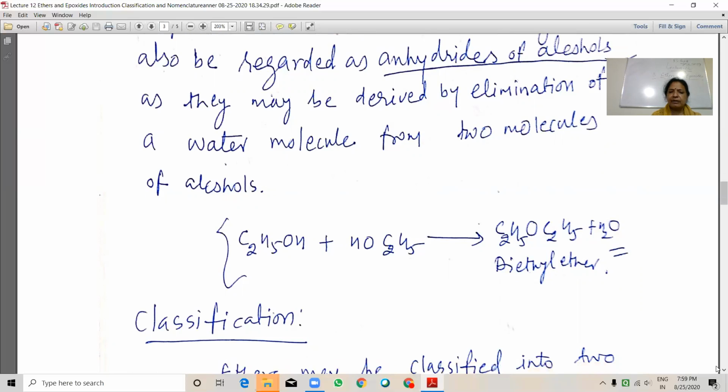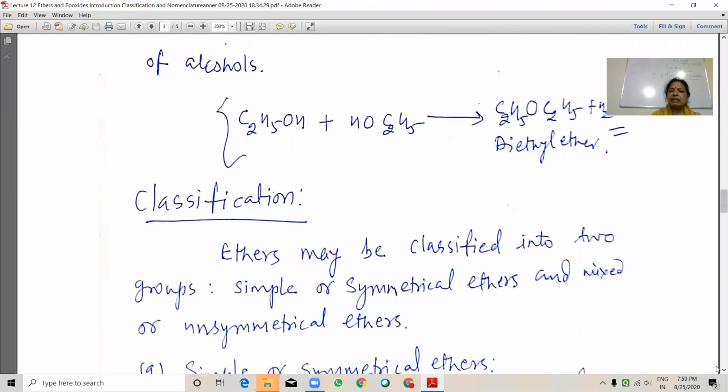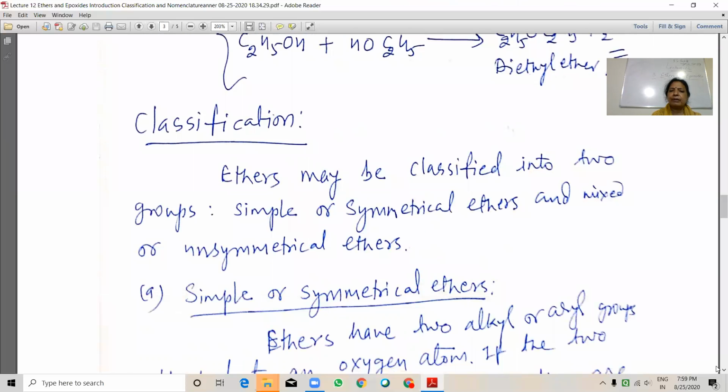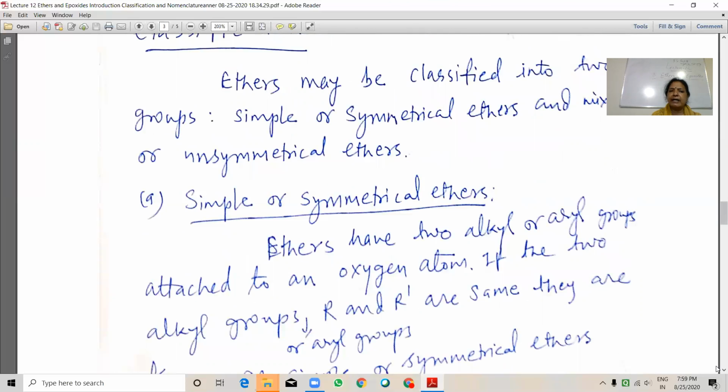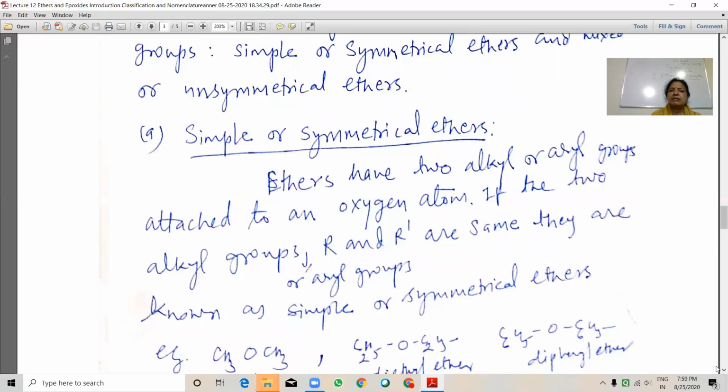Classification. Ethers may be classified into two groups, simple or symmetrical ethers and mixed or unsymmetrical ethers. Simple or symmetrical ethers have two alkyl or aryl groups attached to an oxygen atom.